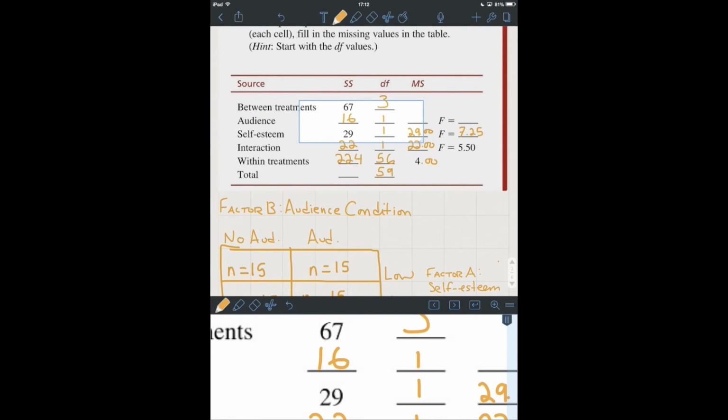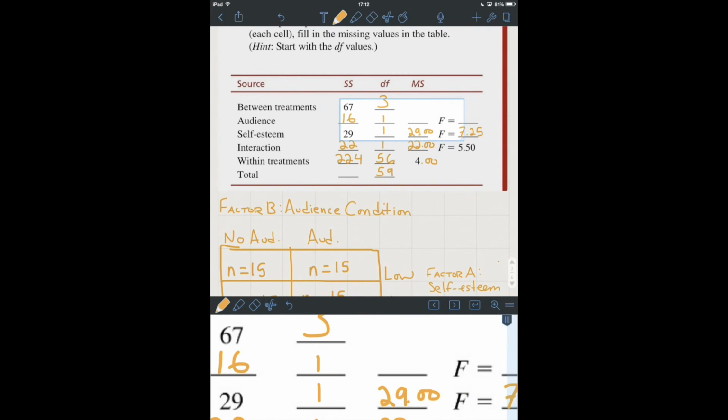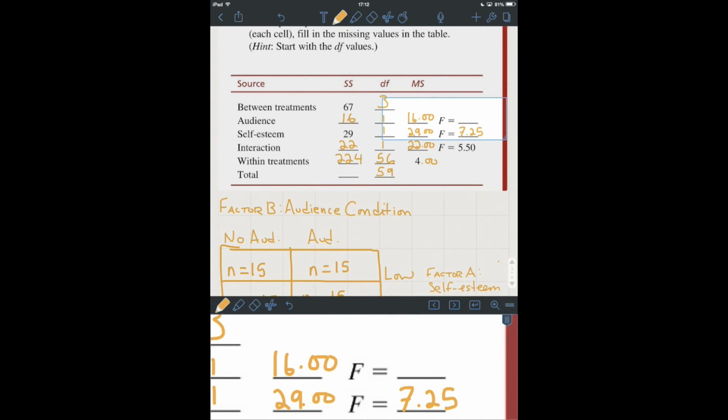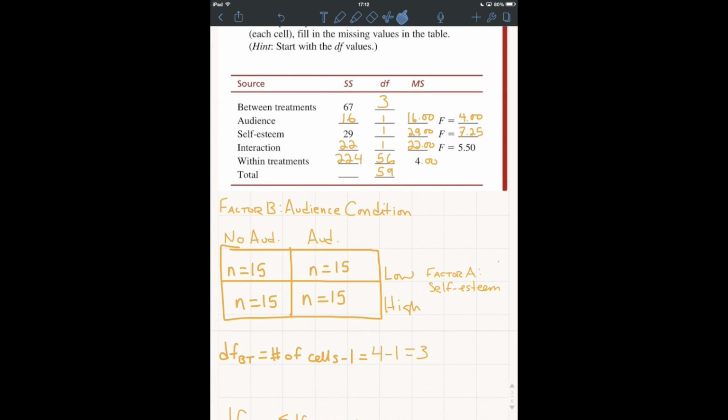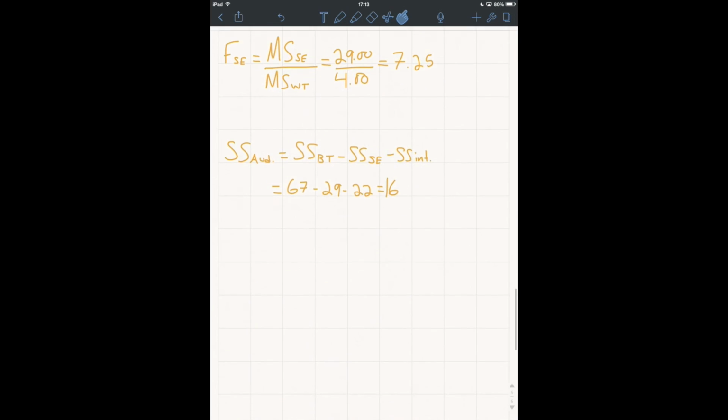And since it's 1 degree of freedom, the MS is simply 16 divided by 1. So 16.00, and we can easily derive the F ratio. So simply 16 divided by 4, and the F ratio for audience would be 4.00, but I'll write down the calculation for the visual learners here.